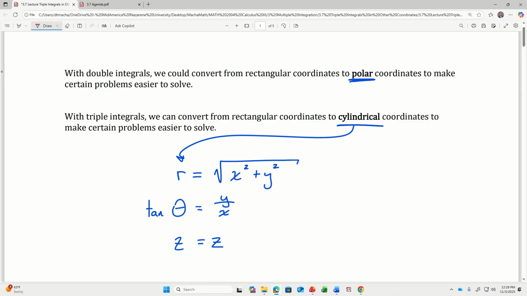And if you want to convert back to rectangular coordinates, x is r times cosine theta, y is r times sine of theta, and z is equal to z.